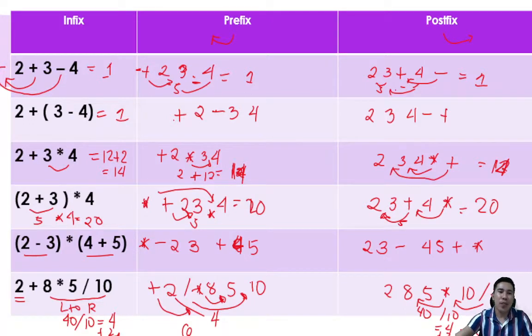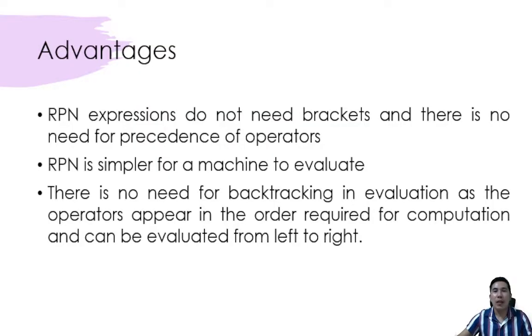Okay, so what are the advantages of reverse polish notation? So let me read. The RPN expressions do not need brackets, and there is no need for precedence of operators. You just have to use the precedence of operators if you are going to check your RPN if it's correct or not. Okay, that is what I normally do.